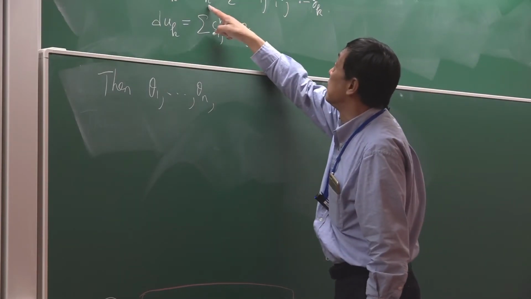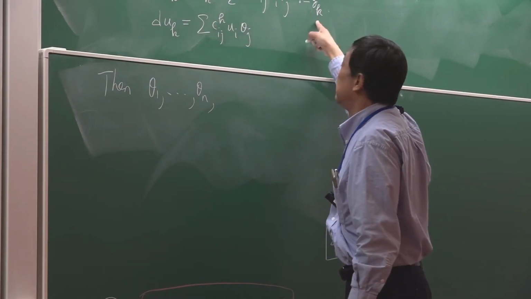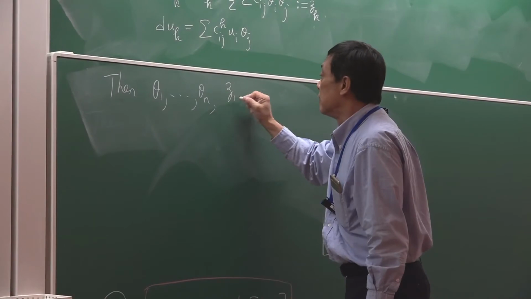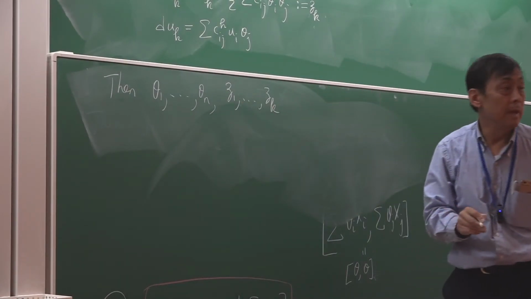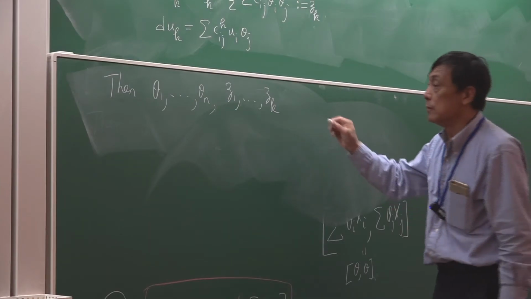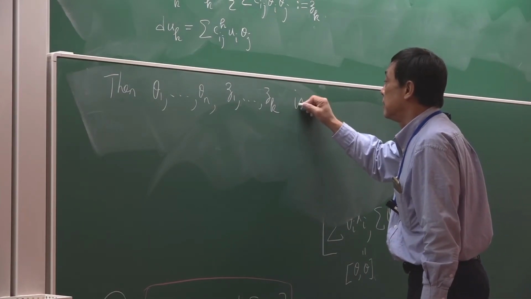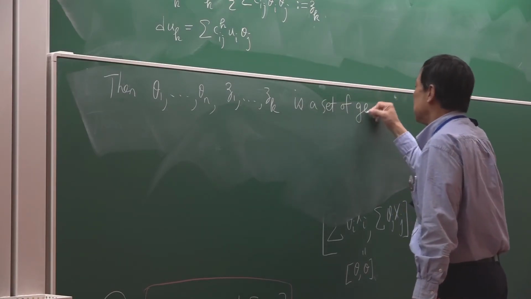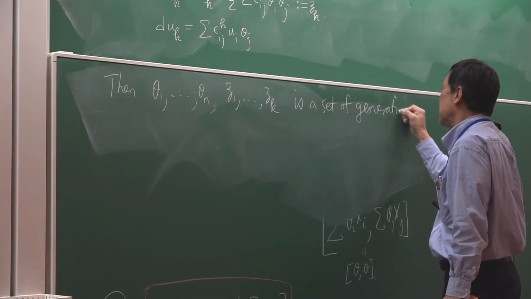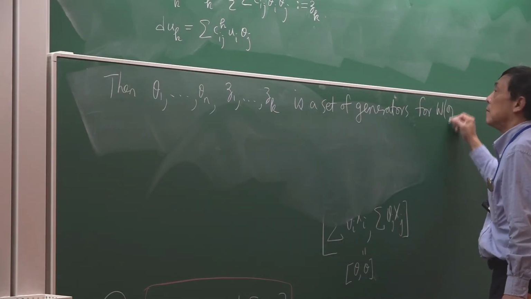But then in the symmetric part, instead of using uk, you use zk, z1 to zn. Okay? So this is a set of generators for the Weil algebra.